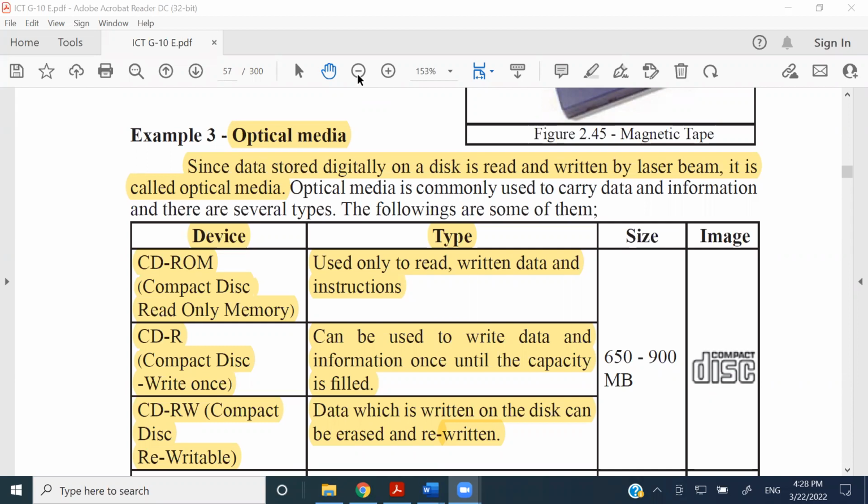Excuse me, sir. Yes, Rizwan. Sir, should I write the size also, sir? It's a small detail, doesn't matter. It's better, though. You can have a curly brace for all three types and mention the capacity as well. Yes, sir. Okay, sir.